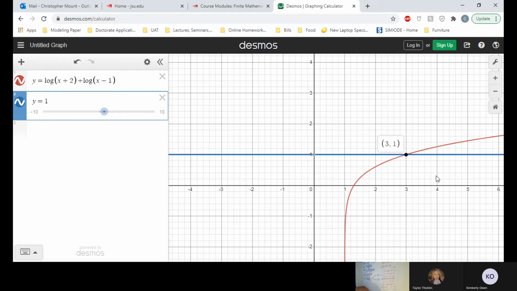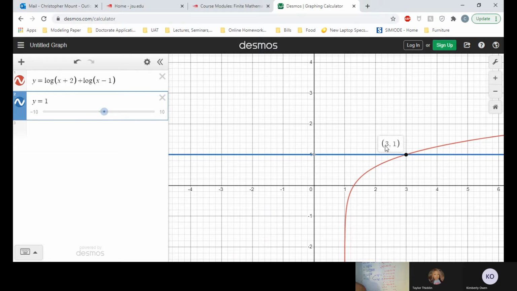One of the ways that graphical solving is not superior, well, the most obvious reason, I guess, is that you don't always have the technology. Another reason is that if you get an irrational solution, like a square root, like we got kind of lucky, we got a whole number 3, right? But what if it was like the square root of 3?